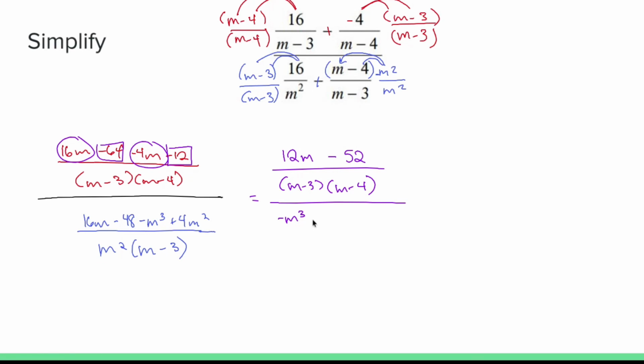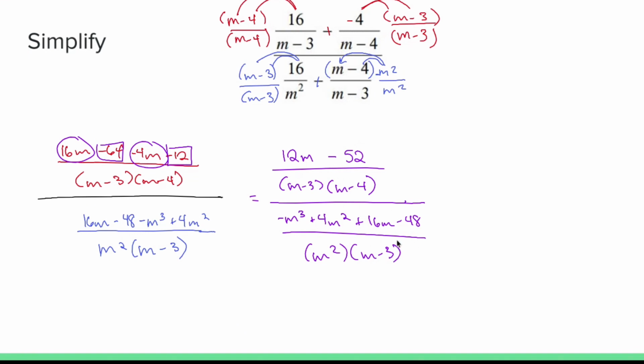Plus 4m squared plus 16m minus 48. No, it won't be. So close. There's nothing we can do about that. That's going to be all over m squared times m minus 3.